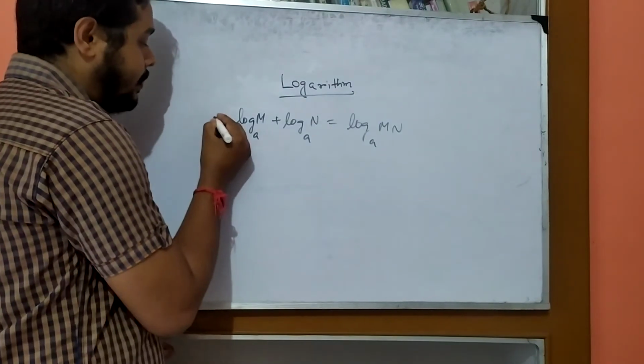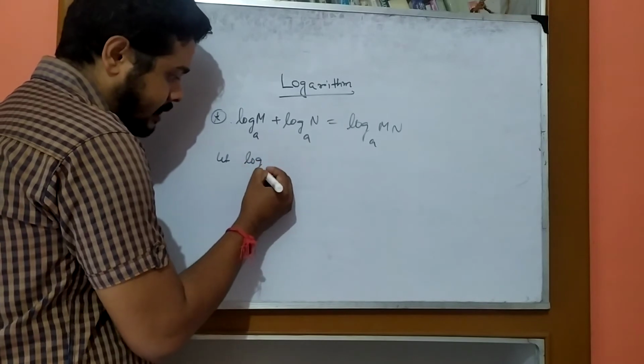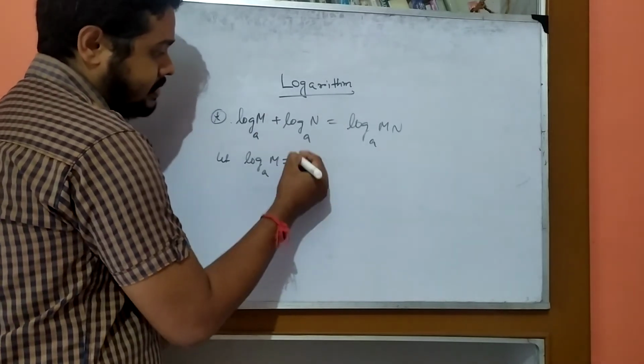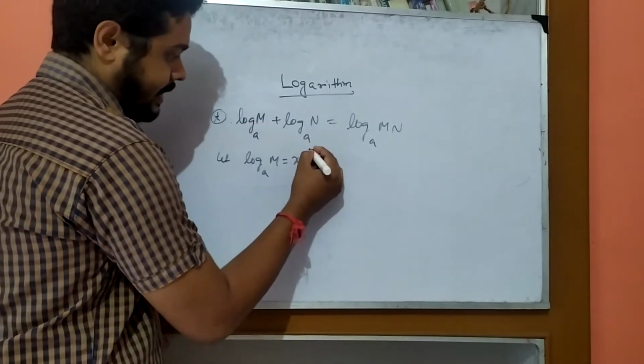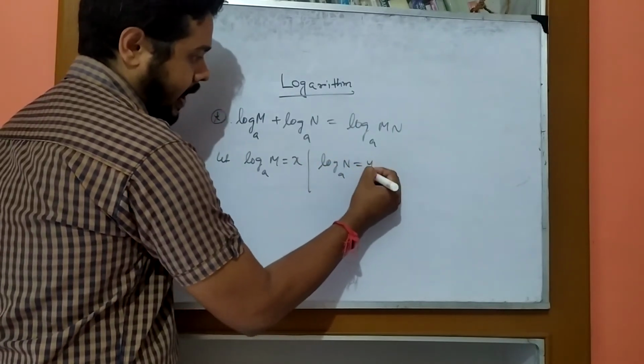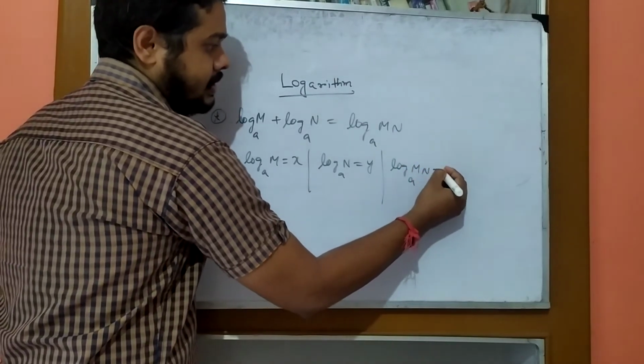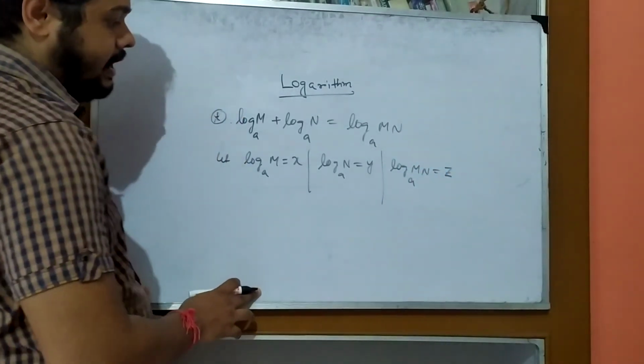Now how can we prove that? Let this value be x, the second portion be y, and the value of the third portion, suppose that is z.